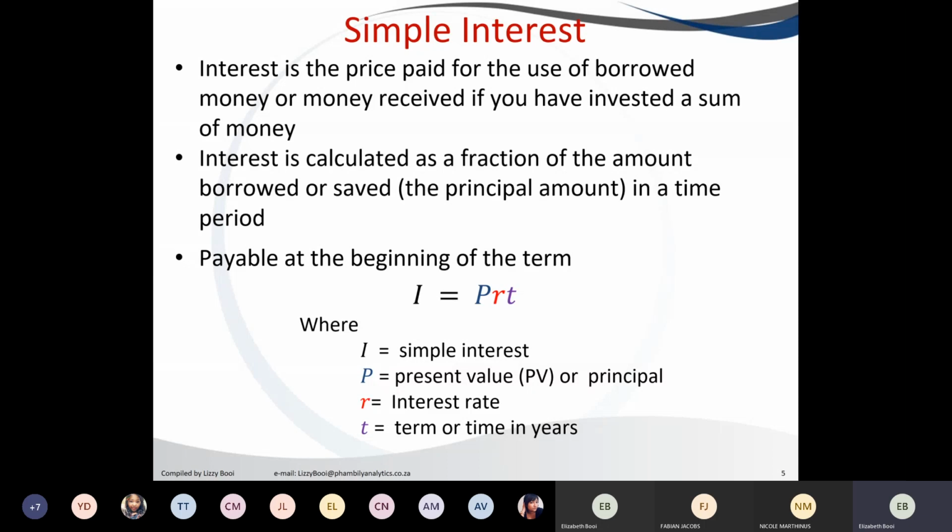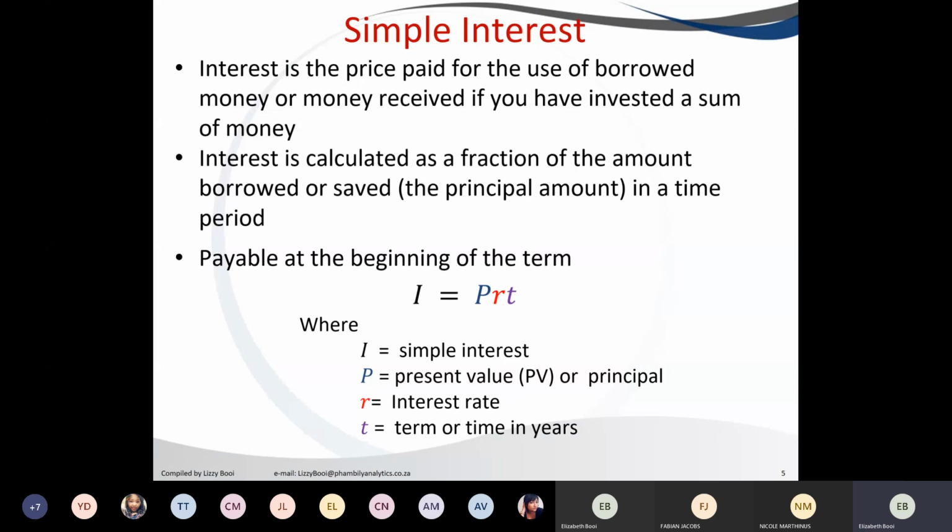So the P will represent your present value or your principal amount. If you are saving 10,000 rand, that 10,000 rand is your present value or your principal amount. If you are borrowing 10,000, that 10,000 is your present value or your principal amount.